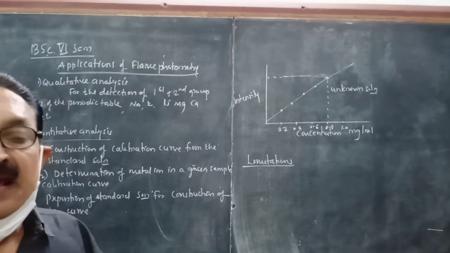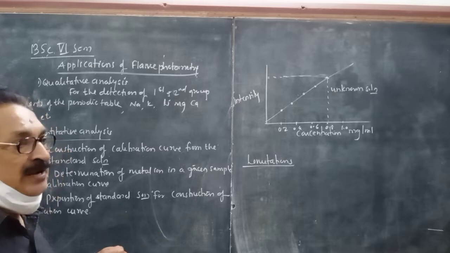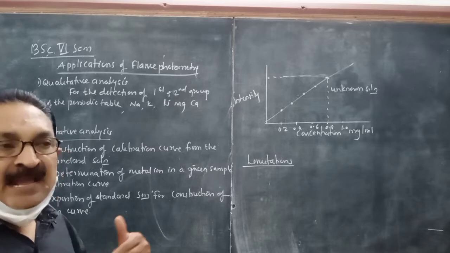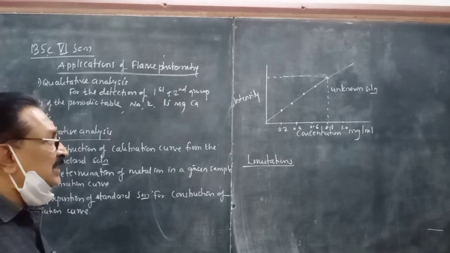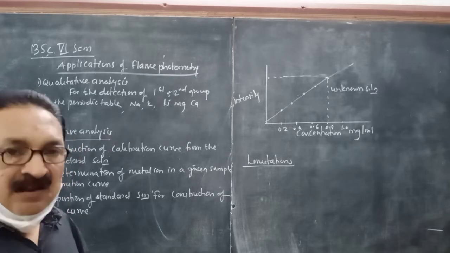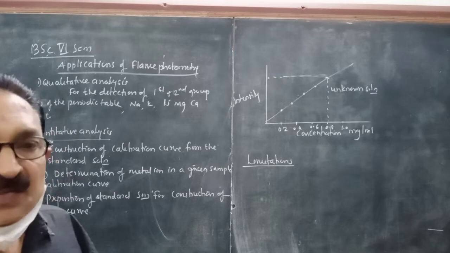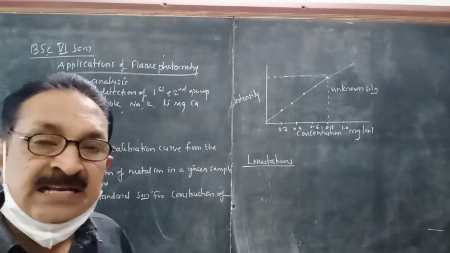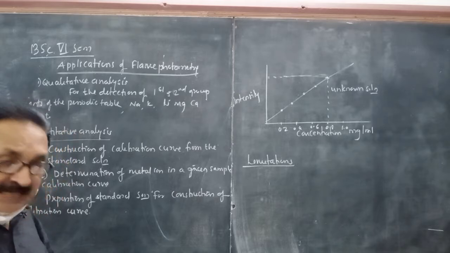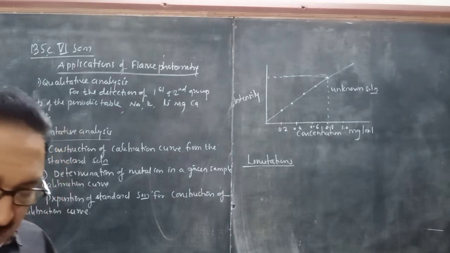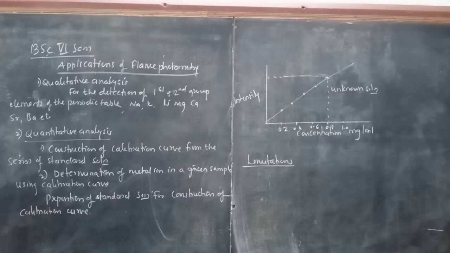And again, when they return back to their original state, they re-emit the radiation. Depending upon the radiation and color intensity, the metal ion which is present in the solution can be detected, and that part is completed already in the previous class.